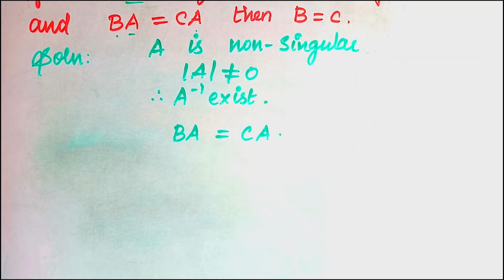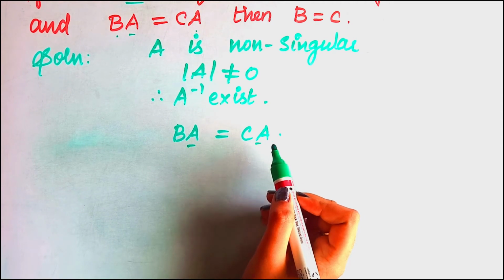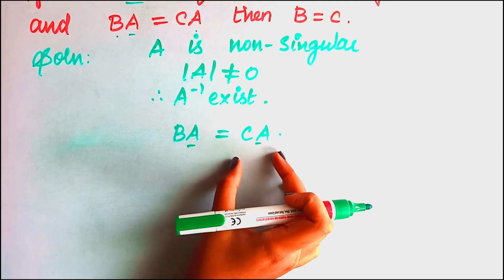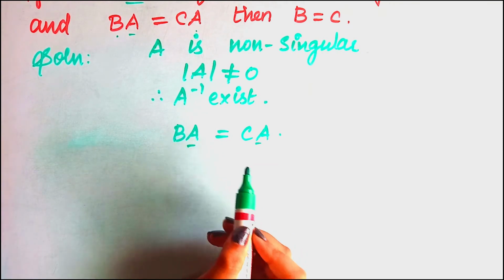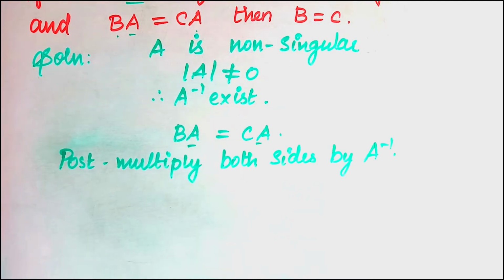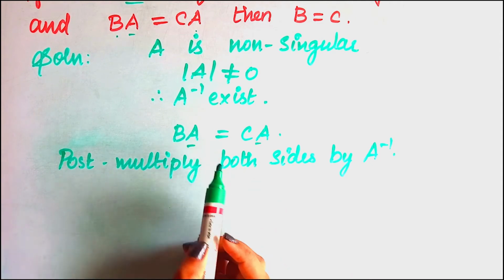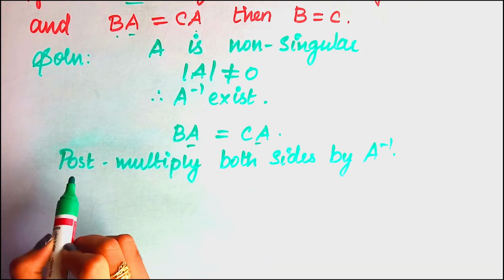Okay, now let's take the given part, which is BA is equal to CA. And now here we have to cancel this A, right? Now here we are going to post multiply A inverse on both sides, because we have to cancel this A. I have already said that if we want to cancel something on the left-hand side of a particular value, then you have to say pre-multiply.